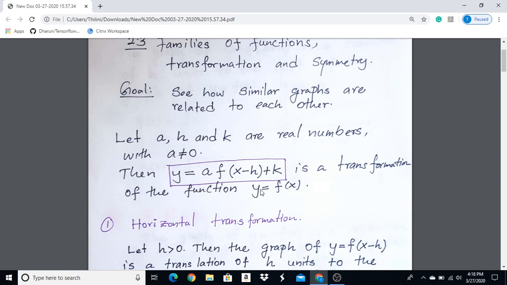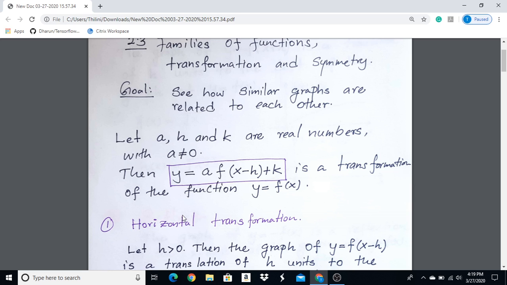Here y equals f(x) is our parent function, and using these values a, h and k, we change this parent function into a times f of x minus h plus k. Maybe not all these changes, but some of them. So this is called a transformation of the function y equals f(x).